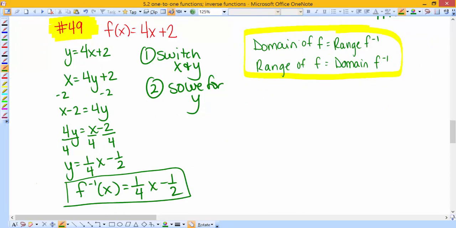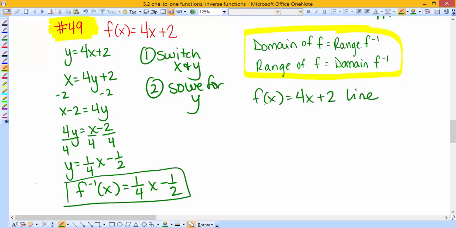Well, I have a note here. Once I find the domain of f, I have the range of the inverse. Once I have the domain of the inverse, I have the range of f. That might sound a little confusing to you. When I am looking at f of x is 4x plus 2.